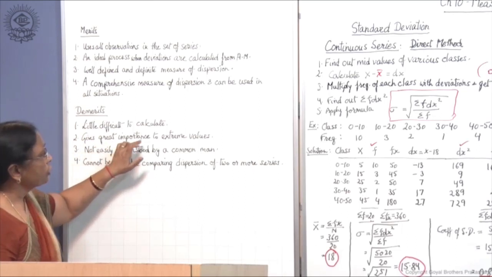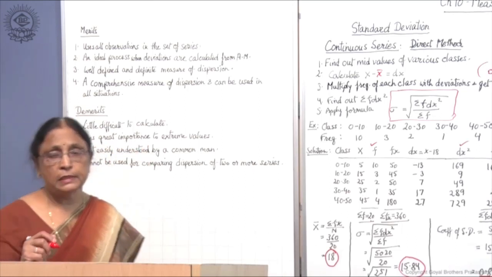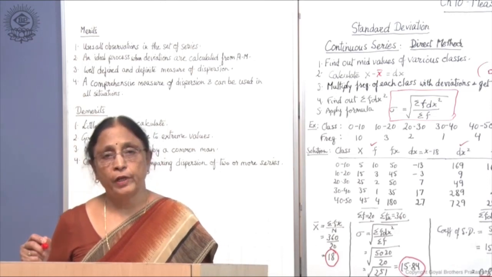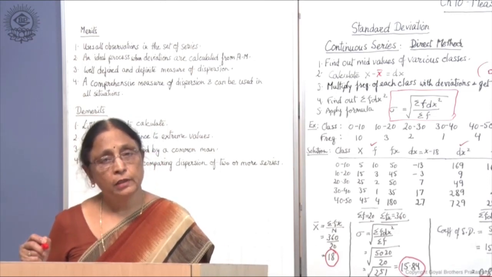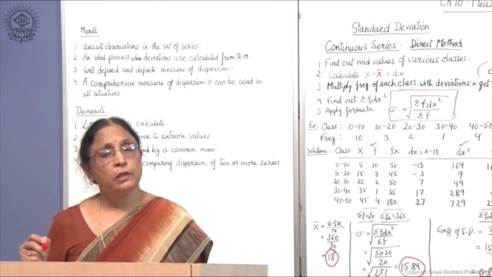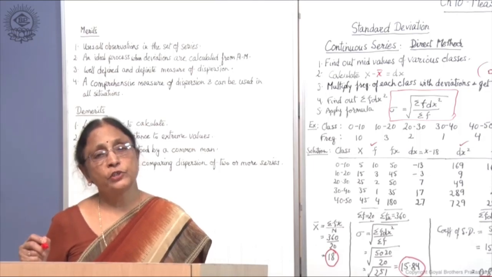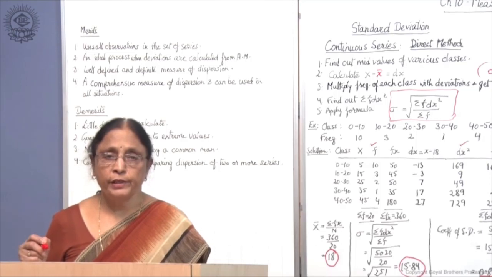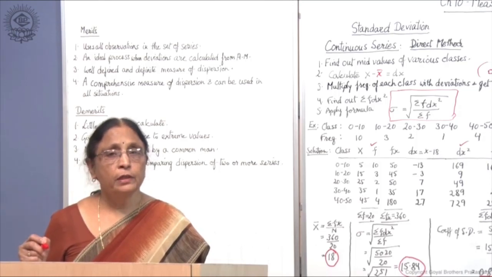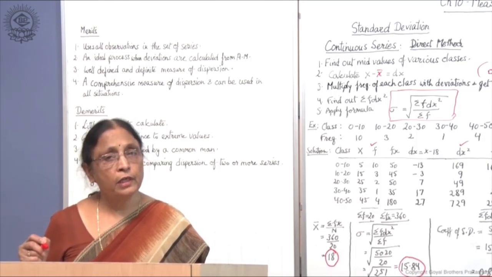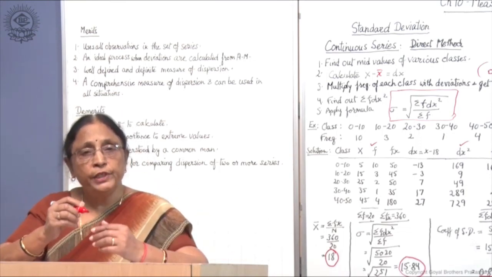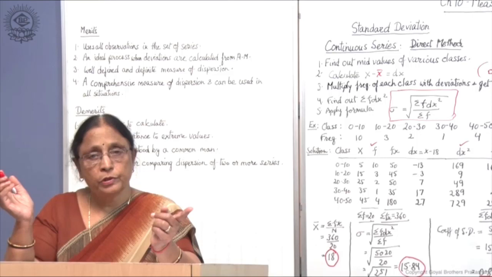Gives great importance to extreme values. This is the second demerit. It gives great importance to extreme values. How can you say that? This is because you are taking out deviations from the mean. Though it is very accurate to calculate deviations from the mean, sometimes the average or mean is affected by extreme values.